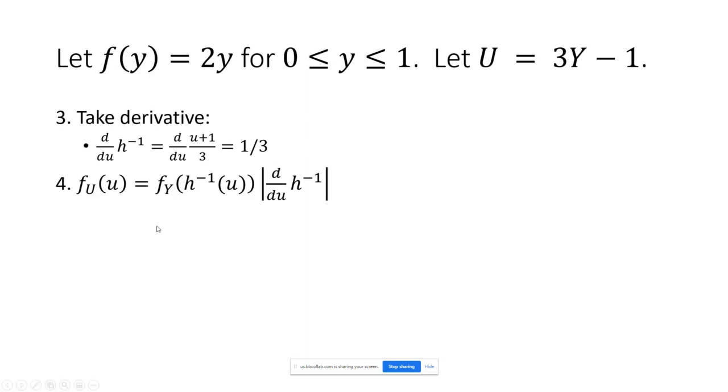And finally, we'll use our formula. So we're going to take the density function for y, which was 2y, and we're going to plug in for y what y equaled, which was (u plus 1) over 3. And then we're going to multiply by the absolute value of the derivative that we found in step 3. So we're going to multiply by 1/3.